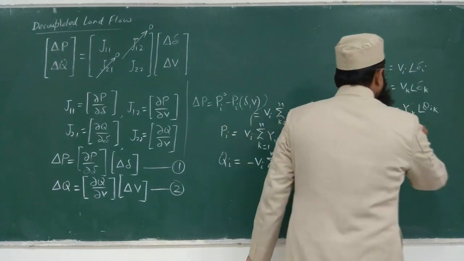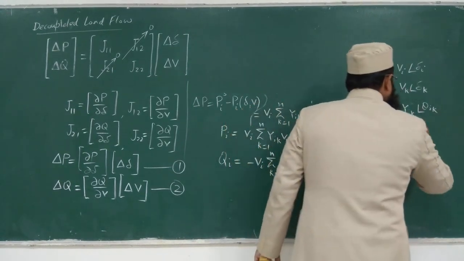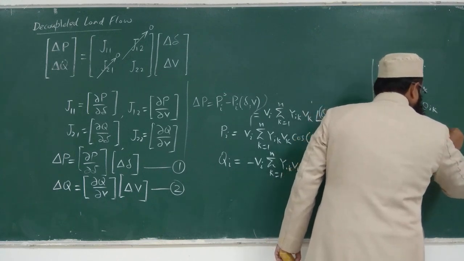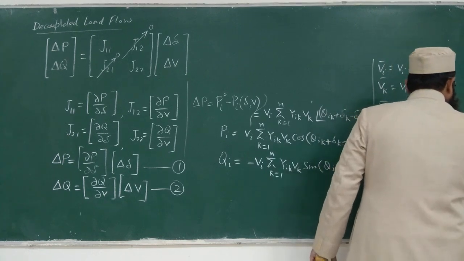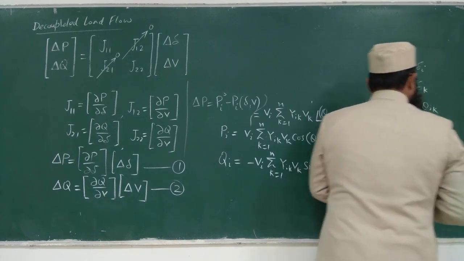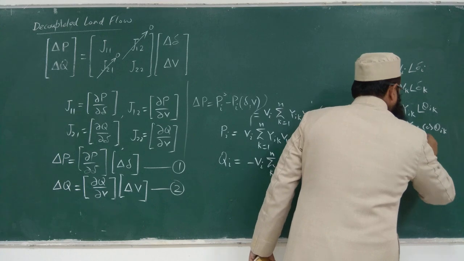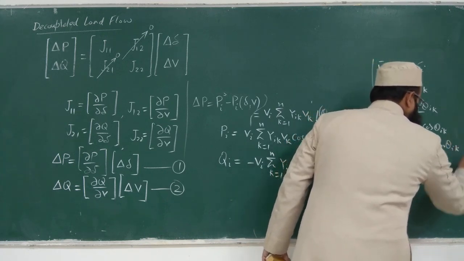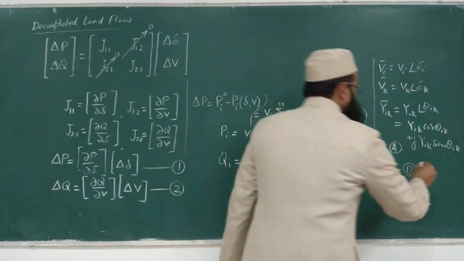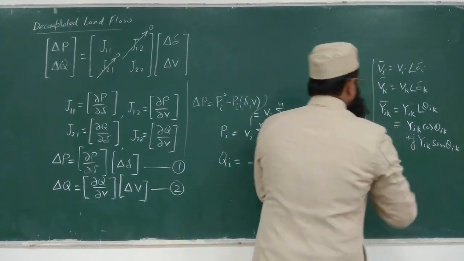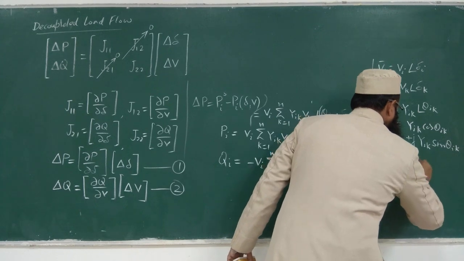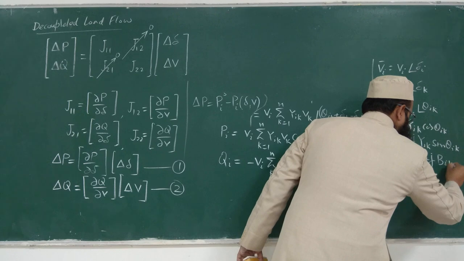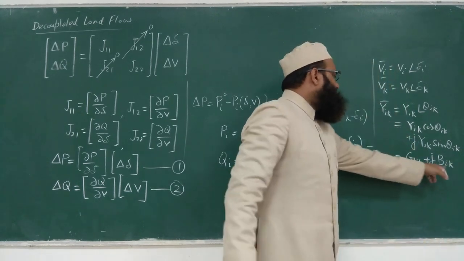So in polar form, from polar to rectangular, we may write YIK cos theta ik plus j times YIK sin theta ik, is not it? So that is nothing but YIK equal to GIK plus j times BIK, real part and imaginary part.